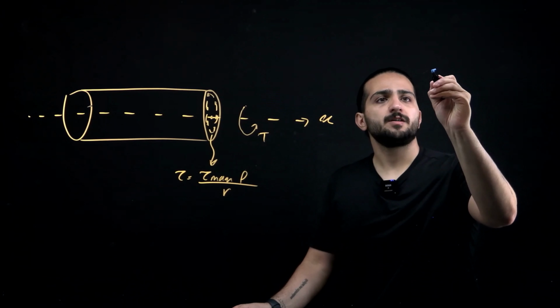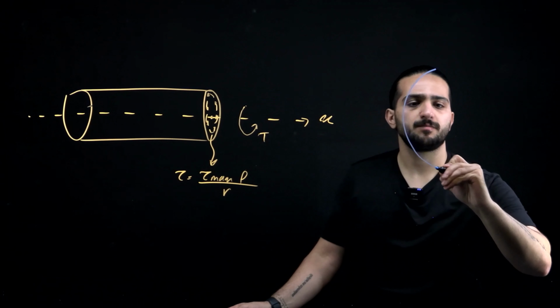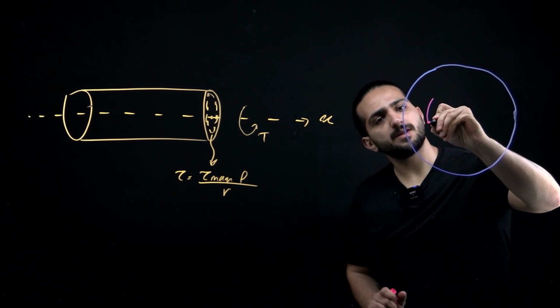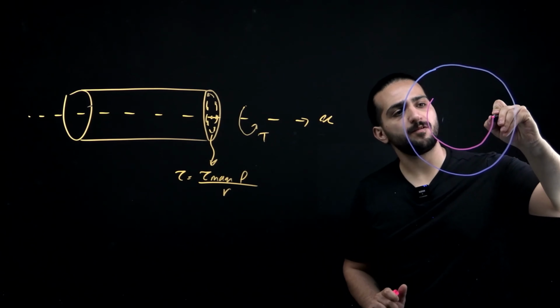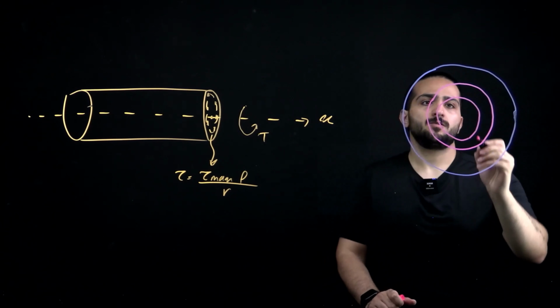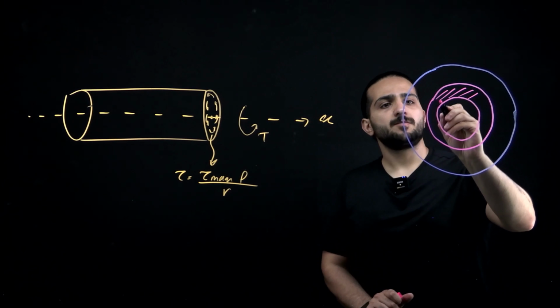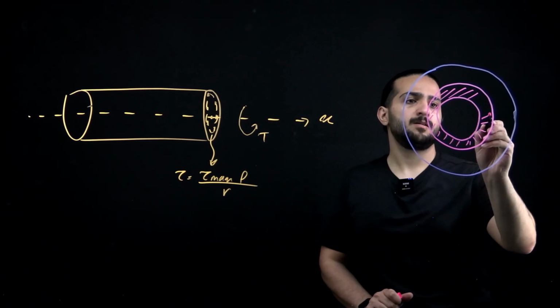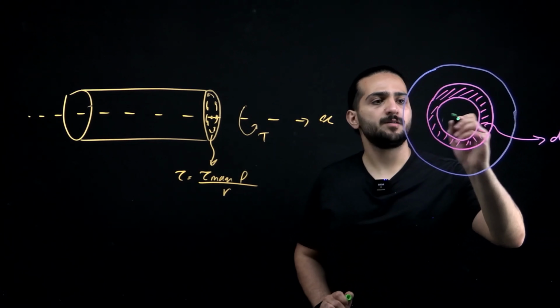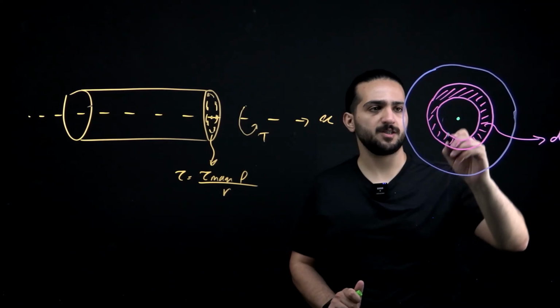So if this is our circular cross section, this is an element from this cross section. So we can call this element dA. So this is our dA. This is the center of our cross section.